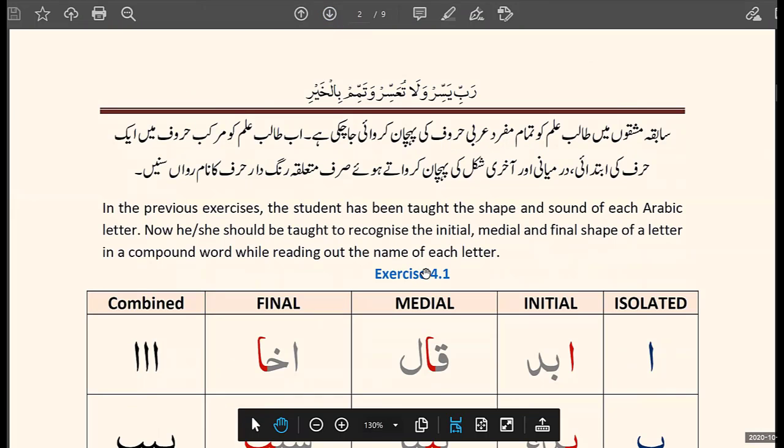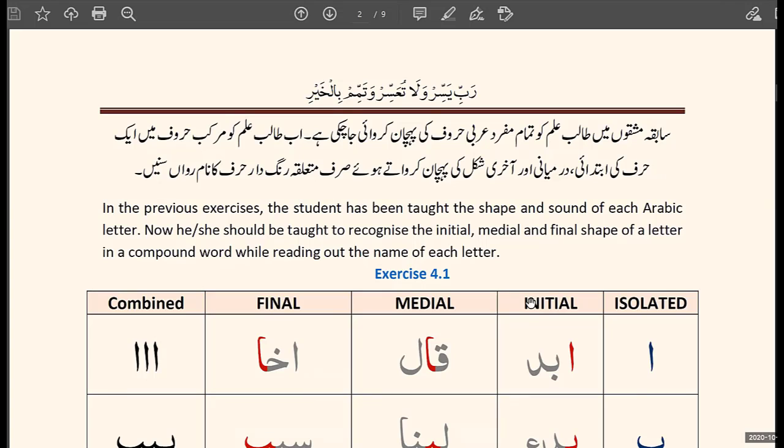In the previous exercises, the student has been taught the shape and sound of each Arabic letter. Now he should be taught to recognize the initial, medial, and final shape of a letter in a compound word, in a combined word, while reading out the name of each letter.